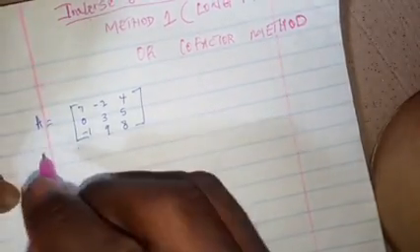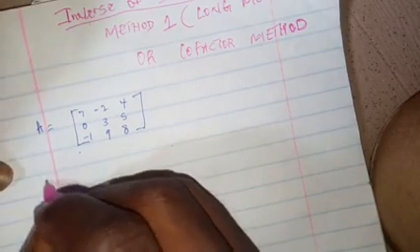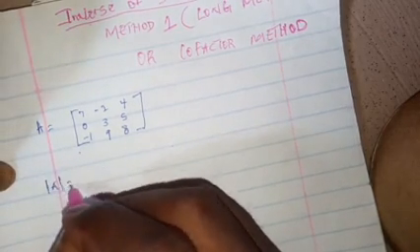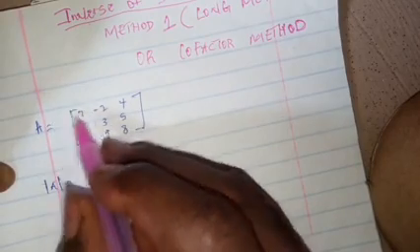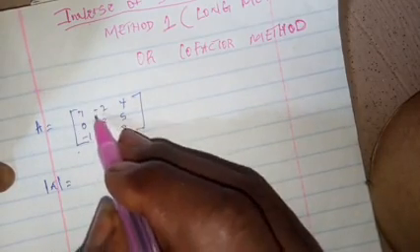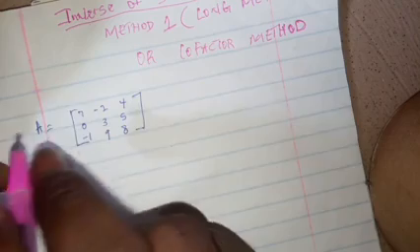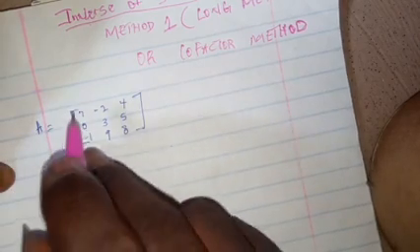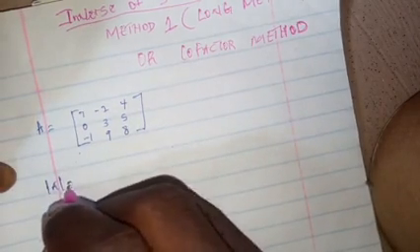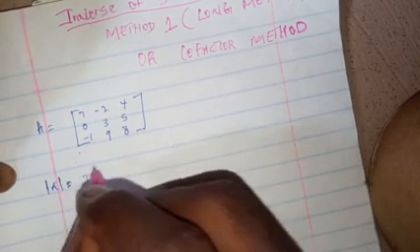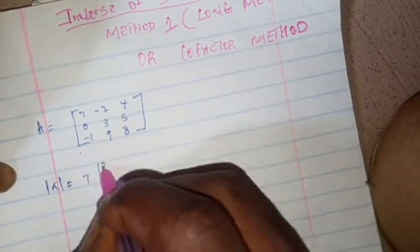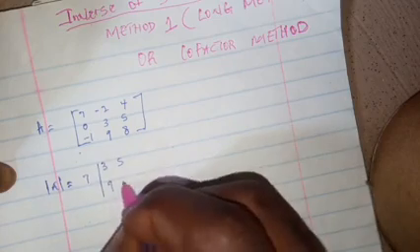Okay, the first thing we need to do is find the determinant of the matrix. I made a video on how to find the determinant of a 3 by 3 matrix, so it's not a big deal for us in this tutorial. So 7, then 3, 5, 9, 8.